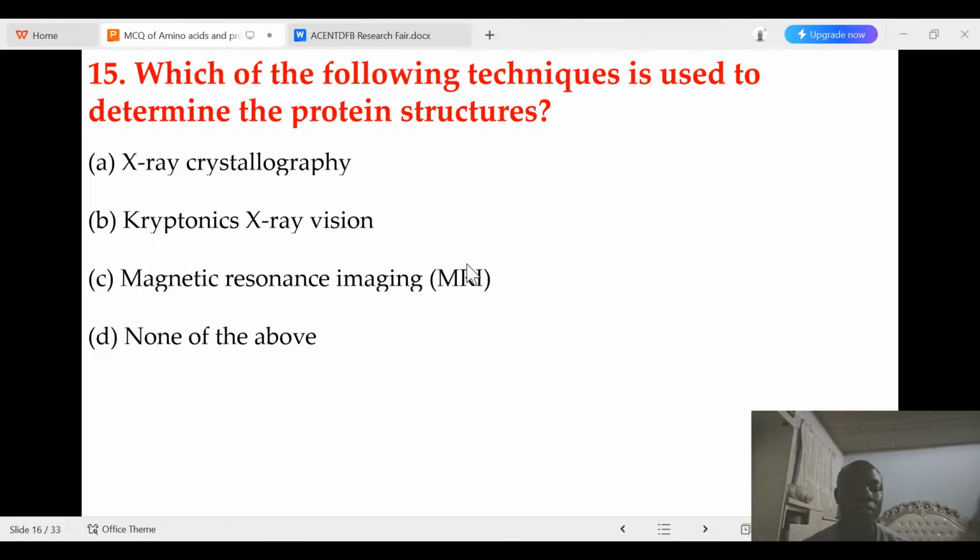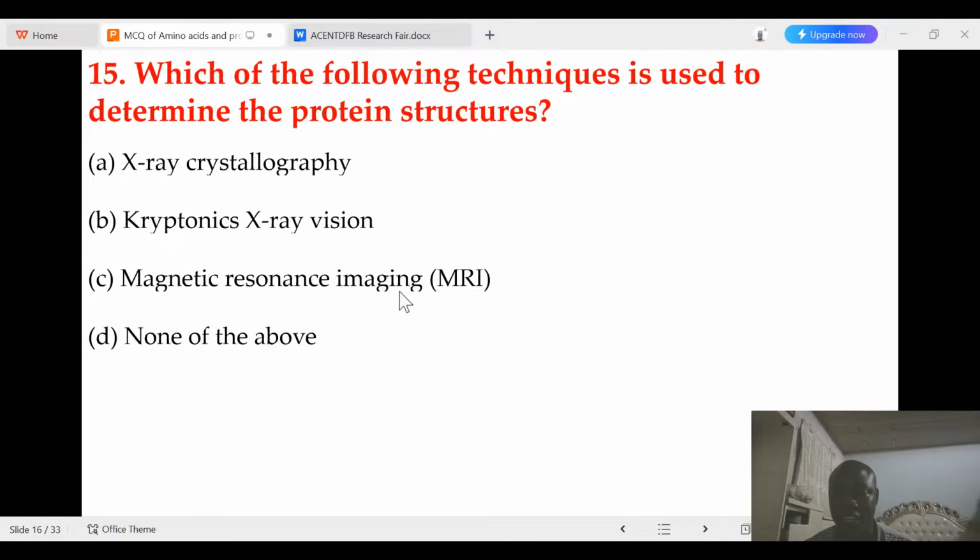Because generally we have techniques that we can use to determine the structure of a biomolecule. So which of these is used?